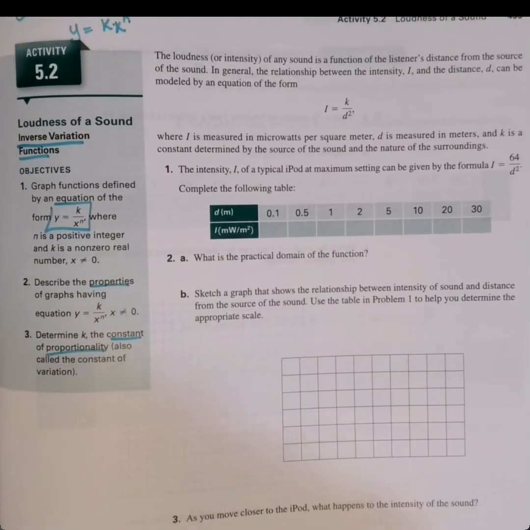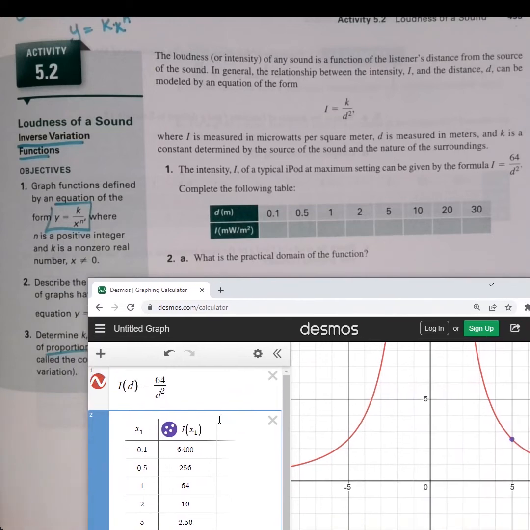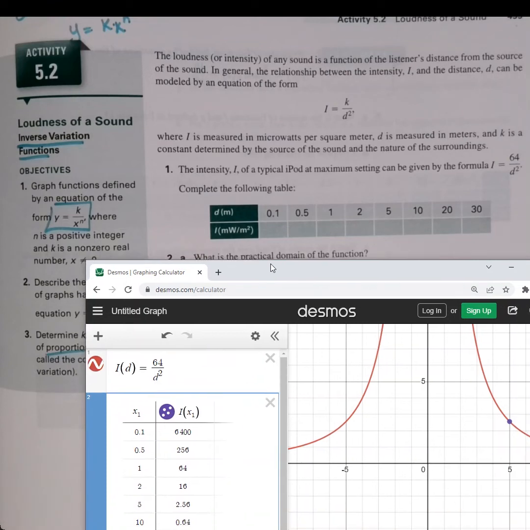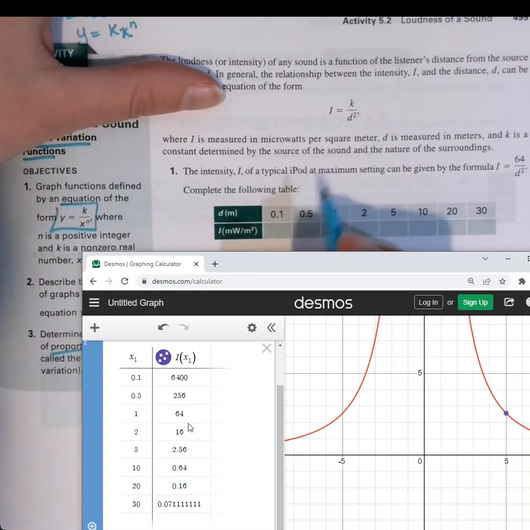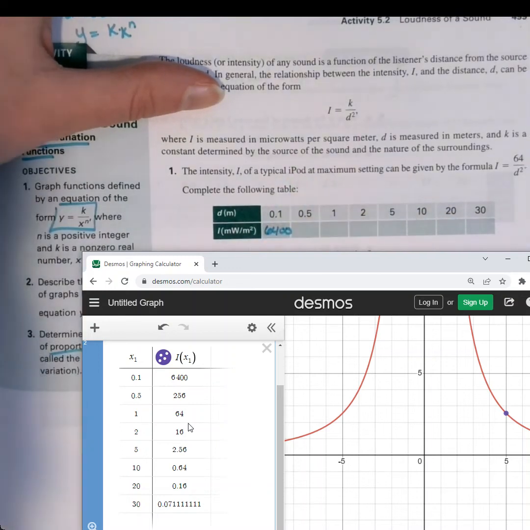So we're going to plug each of these values in for d squared. I went ahead and already set that up in decimal. I've got my I of d, written in function notation just because it makes it easier for me to autofill my table. Then I can fill in the values for our intensity, our loudness. For 0.1, we've got 6,400. For 0.5, we've got 256.